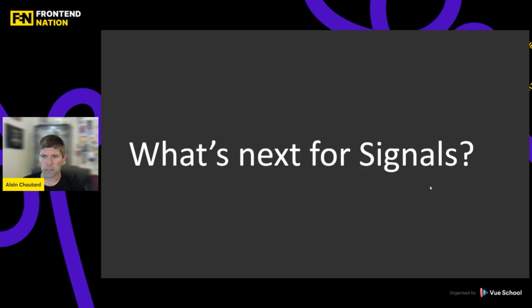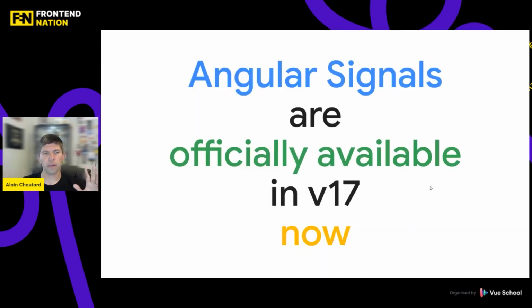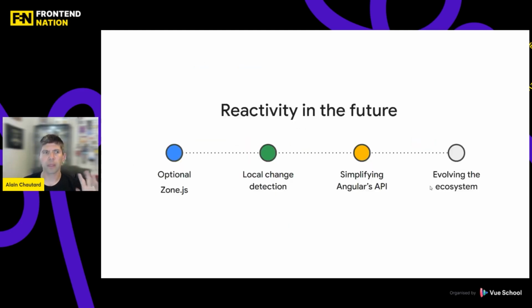What's next for signals? First, it's important to remember that they are officially available since version 17. And as we saw, the main thing is that since we're going to have that local change detection with signals, it makes Zone.js optional, meaning Zone.js was the library that would detect changes, that would detect that your user clicked somewhere or an event happened in the browser that would trigger change detection.